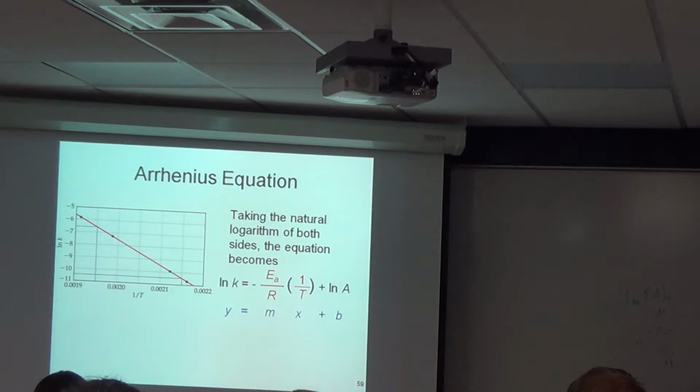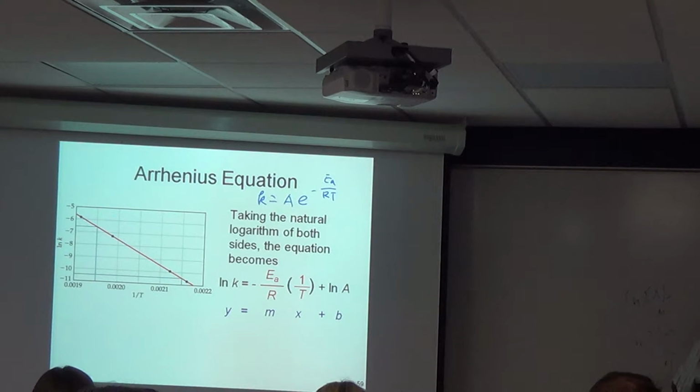Alright, so if you take the Ln of that equation, remember that Arrhenius equation on the last slide? Let me rewrite it here. It's k equals A times e to the power of minus EA divided by RT. That's the initial Arrhenius equation we saw on the last slide.